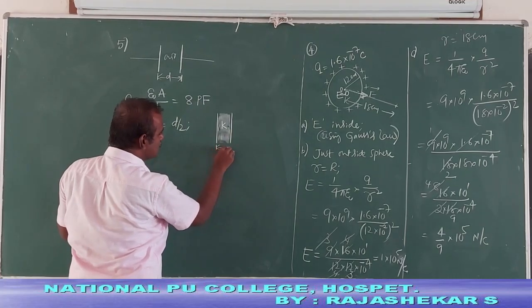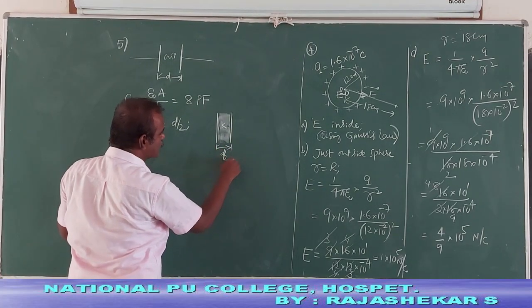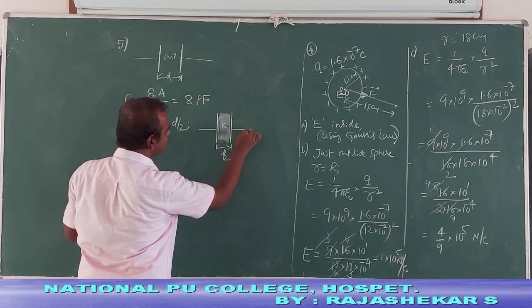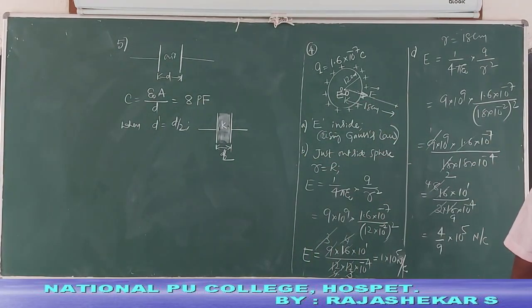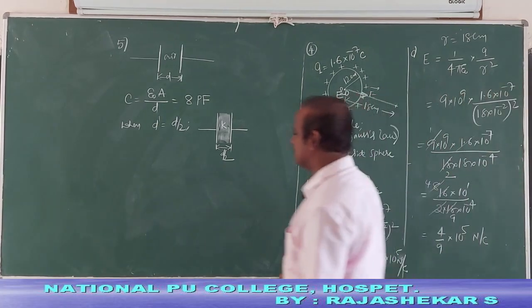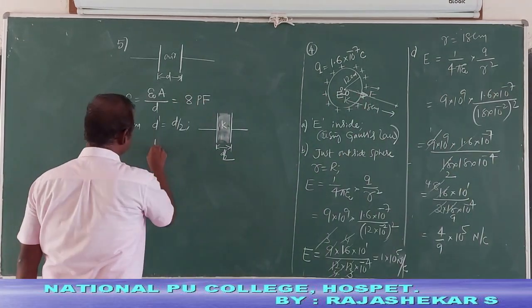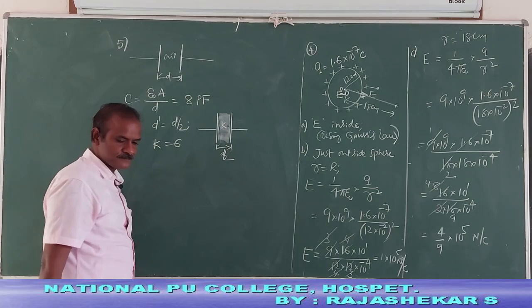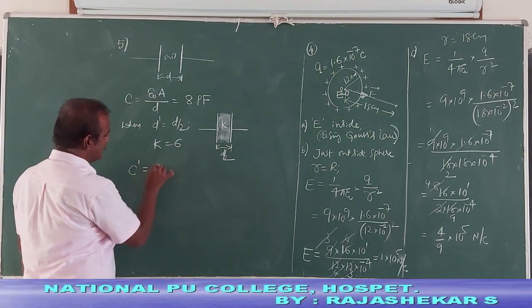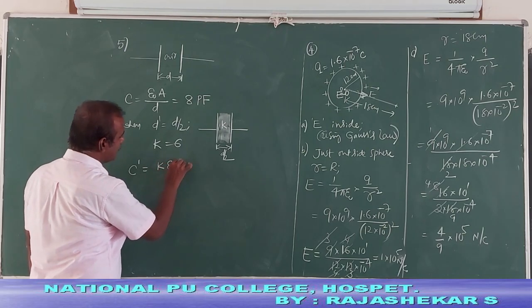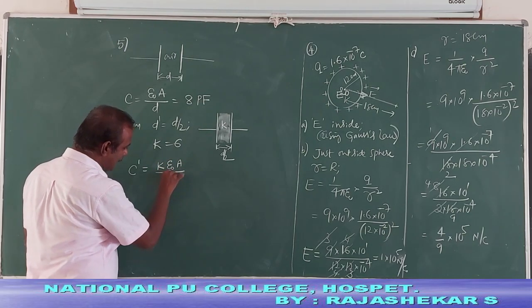Now this is the new distance, d by 2. What is the K value given? Dielectric constant 6 is given, K is equal to 6. Now the new capacitance C dash is equal to K into epsilon naught A by d dash.